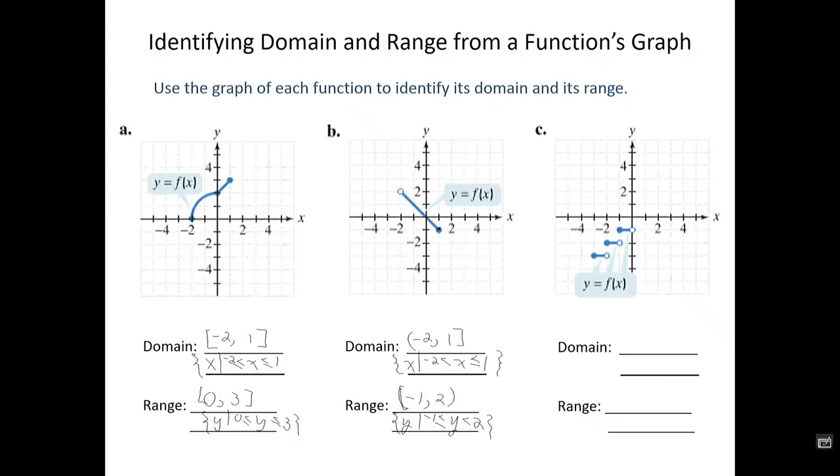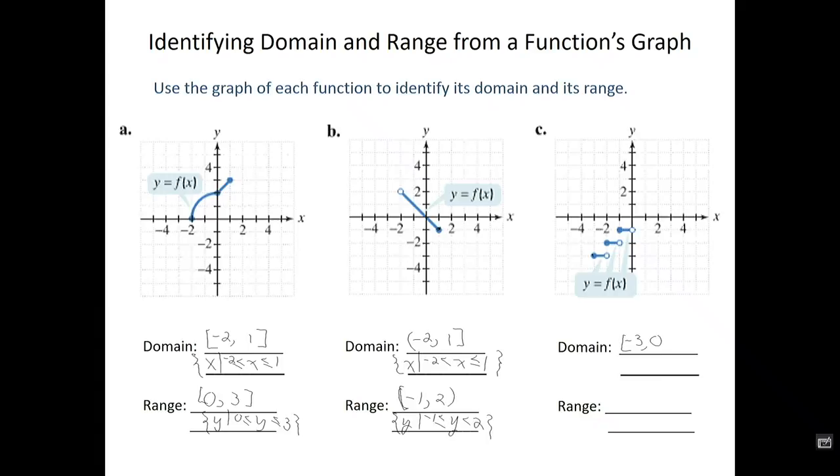In the next graph, let's determine the domain. The domain, the x values, start at -3 and go over to 0. So -3 is included, so the domain is from -3 to 0.